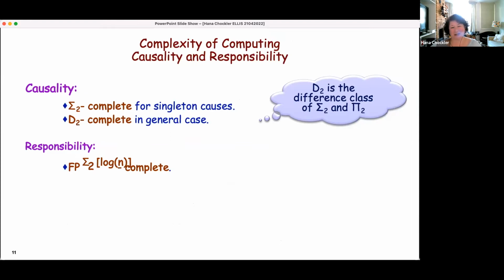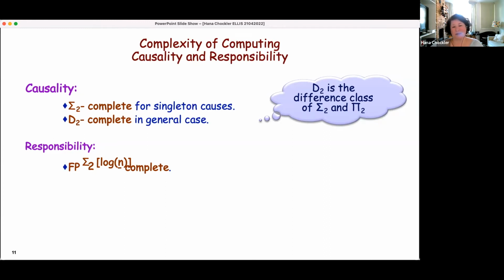Causality is Sigma 2 complete for singleton causes, when a cause is just a single variable, and D2 complete in the general case, where D2 is the class that contains languages in the intersection of Sigma 2 and Pi 2, which is considered to include both Sigma 2 and Pi 2.